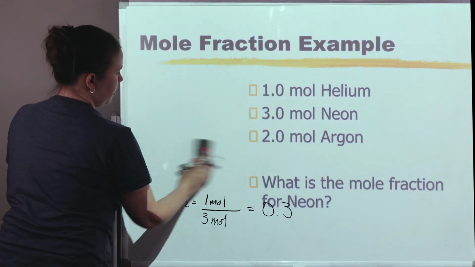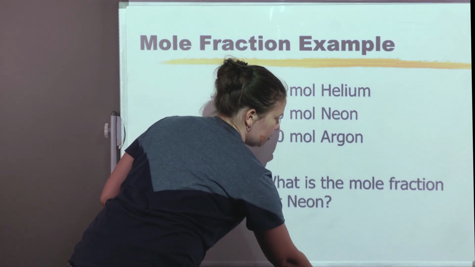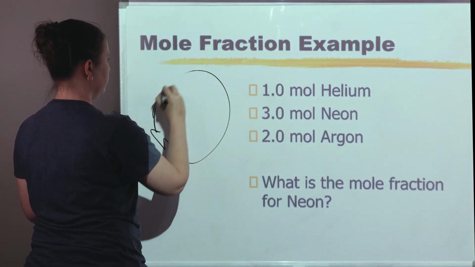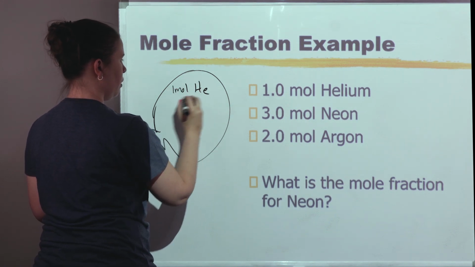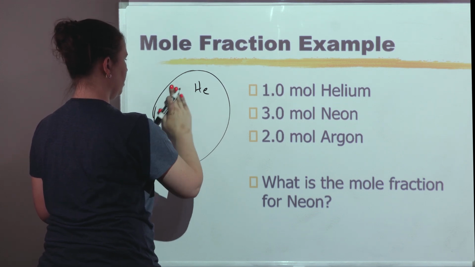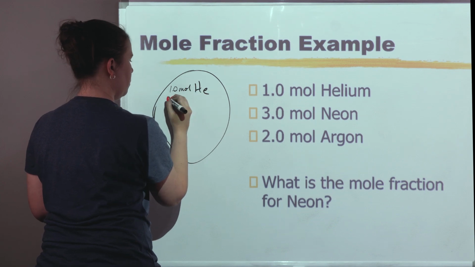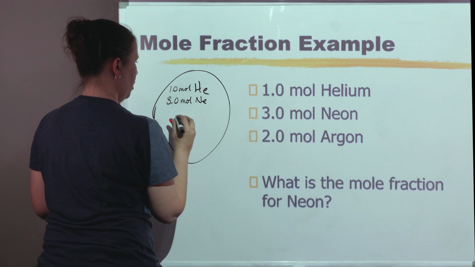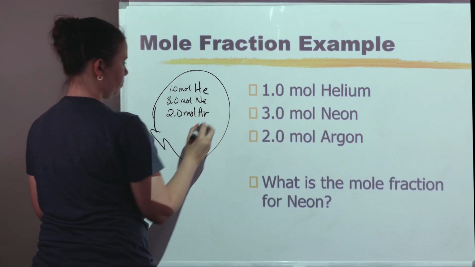So let's try another example with some more numbers here. And let's try to think about sig figs as we go on this one. So now my theoretical balloon has 1 mole of helium, 3, I just said think about sig figs and then I didn't copy it down right. 1.0 moles helium, 3.0 moles neon, and 2.0 moles of argon.